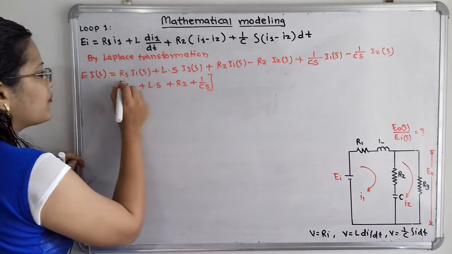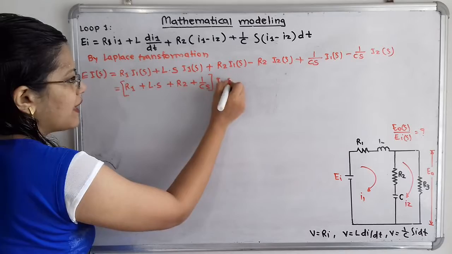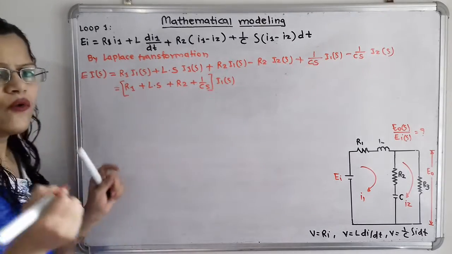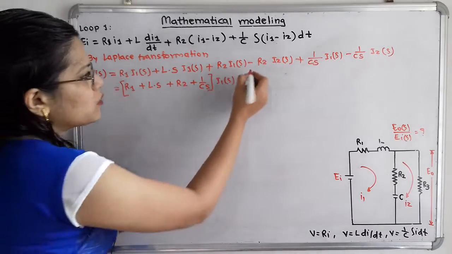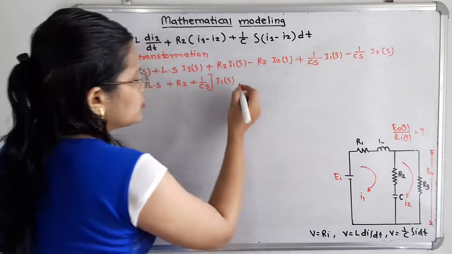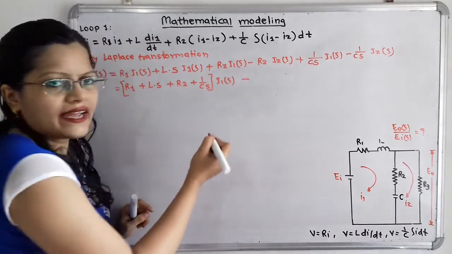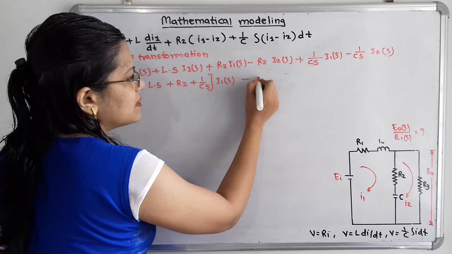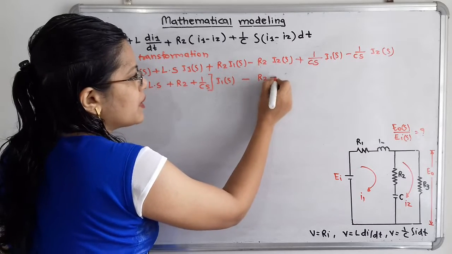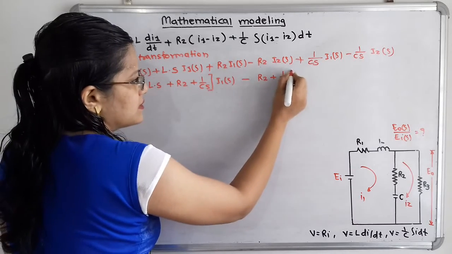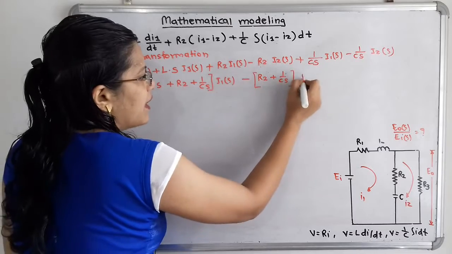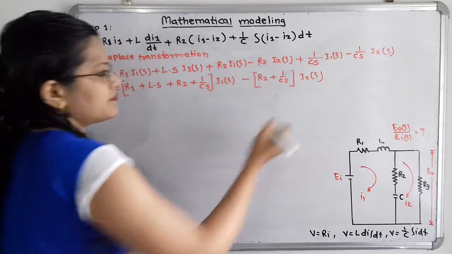So these are the coefficients of I1. So I will take here I1 of S as a common. Now what about I2? I2 is having a minus sign. So this minus sign I will take outside the bracket, and inside the bracket it will become R2 plus 1 by Cs. Bracket complete, I2 of S.